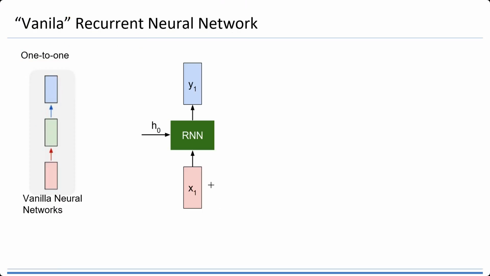In the input, this is the X, and there will be a kind of state, we call it H0. We process it using the recurrent neural network and show the output, which is Y1.